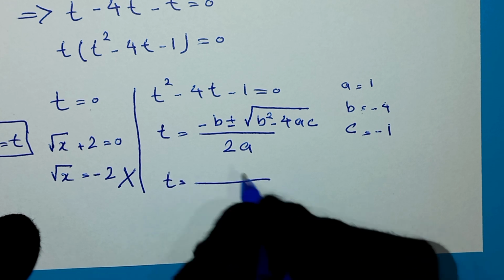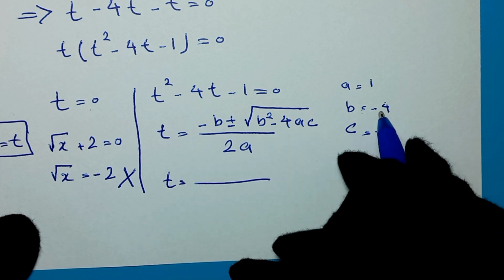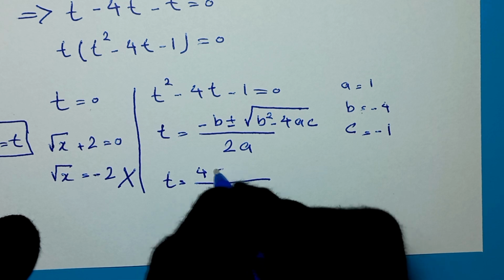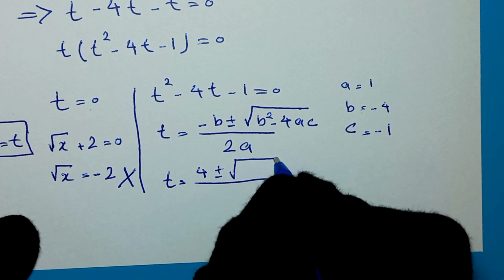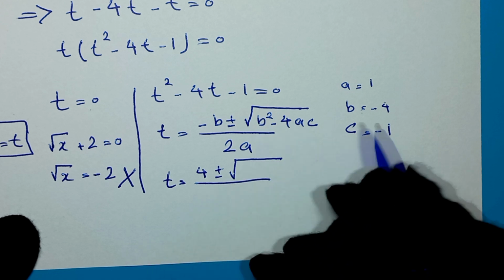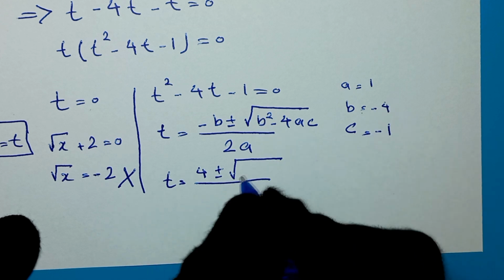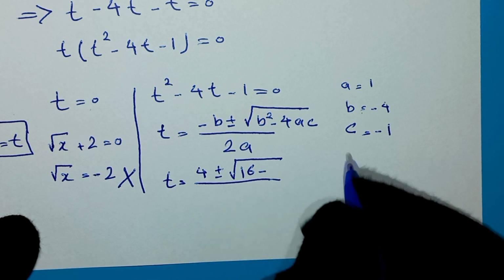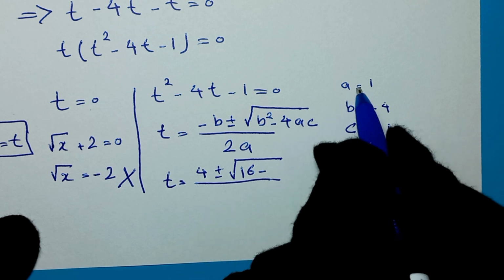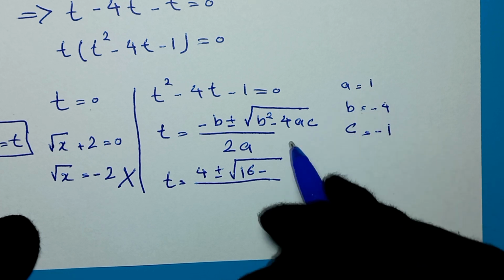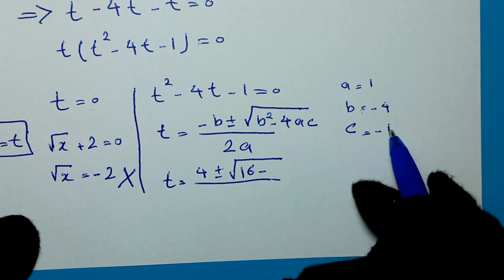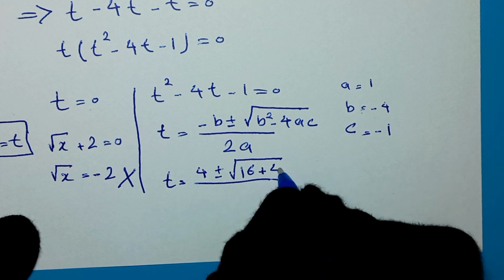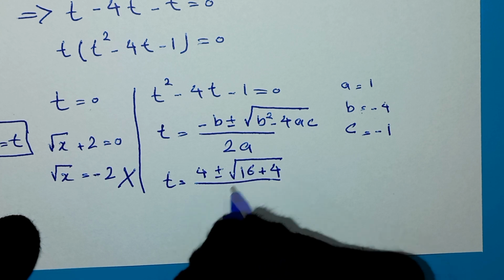And in here, t is equal to negative b. Negative 4 is positive 4, and plus or minus square root of b square, negative 4 to the power of 2 is 16, and minus 4ac. 4 times a is 4 times 1 is 4, and 4 times negative 1 is negative 4, and minus negative 4 is positive 4, over 2 times 1 is 2.